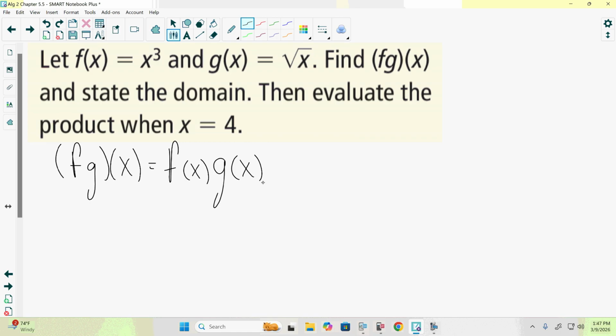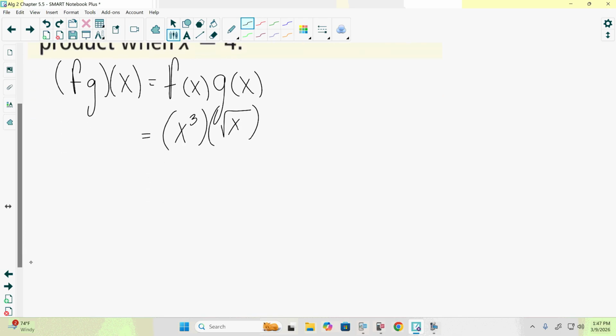We want to find f times g of x and then evaluate it when x is equal to 4. First thing I'm going to do is replace f of x with its equation x cubed, and g of x with the square root of x.